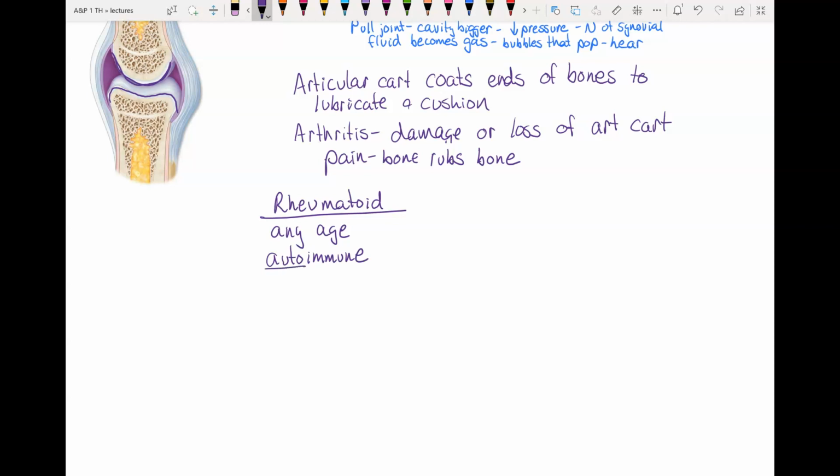Okay, so auto means self. Your immune system is supposed to protect you from diseases. Autoimmune is when your immune system messes up and it attacks yourself. So it is your own immune system that attacks your articular cartilage.